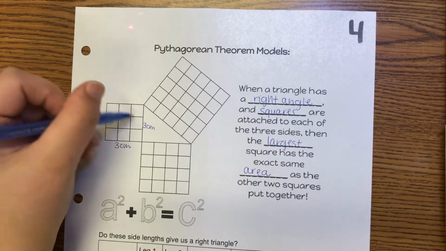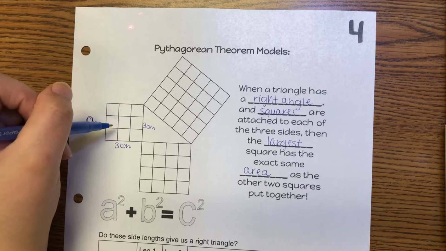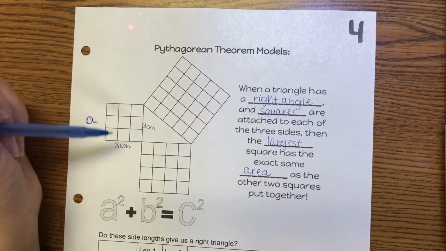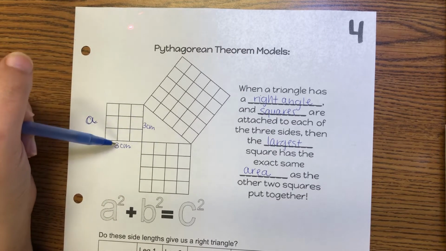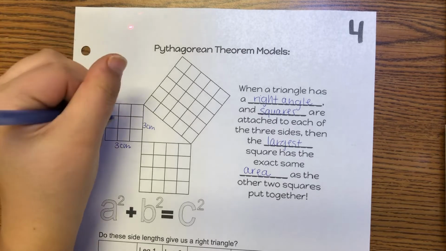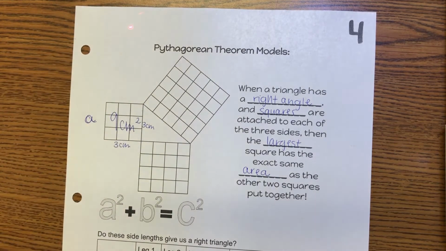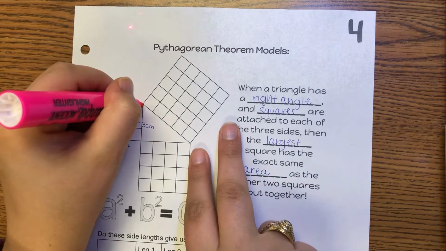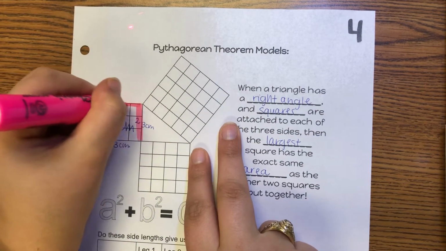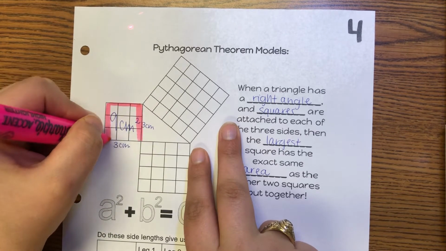So the area inside this square, I multiply length times width, base times height. So the area inside is 9 centimeters squared. Okay, and I will use pink to represent this color here.